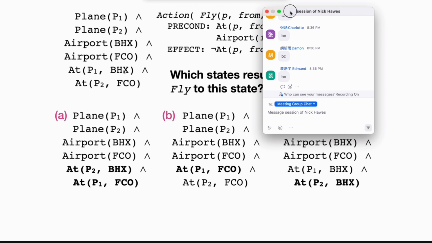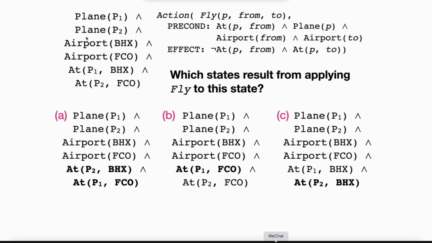Pretty much you all got the answer right, which is excellent. So, the answer is B and C. Well done. Everyone got B and C, so we don't need to talk about it.